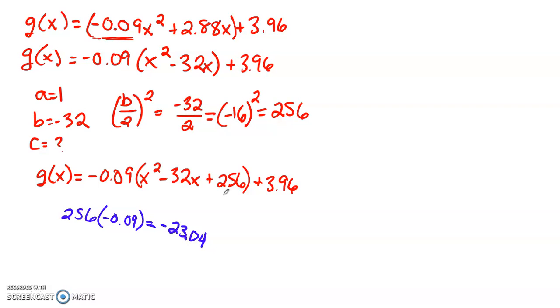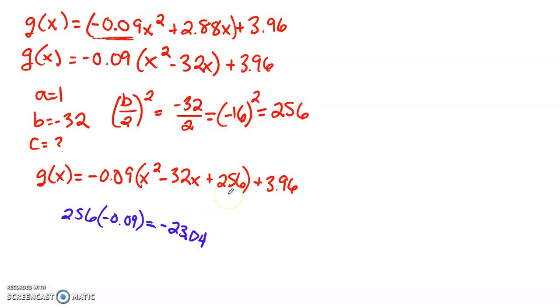Now what I need to do, because I added something to my equation, I need to offset it so I don't change the value. So I have to consider what I factored out. If I were to factor this back in, 256 times negative 0.09 would give me a negative 23.04.